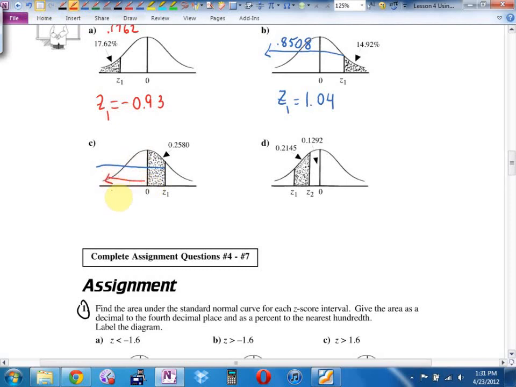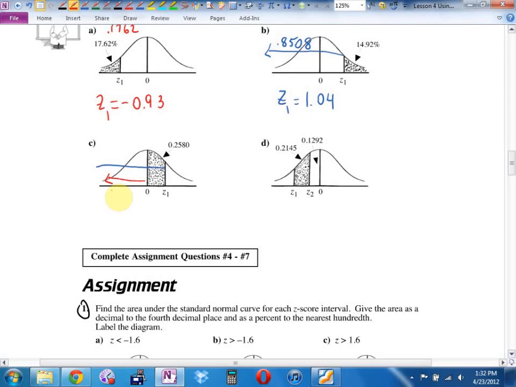Is that a hand up, Zach? How big is everything to the left of 0? This one you should actually just be able to figure out. Isn't 0 dead center?